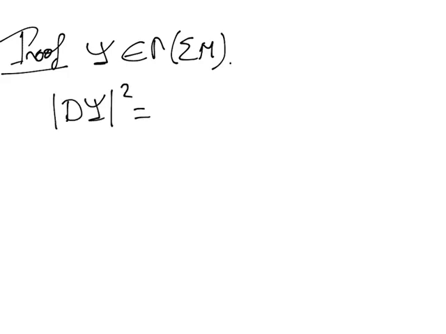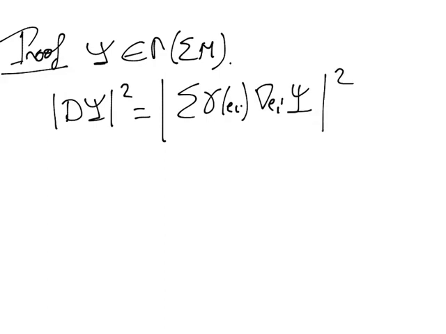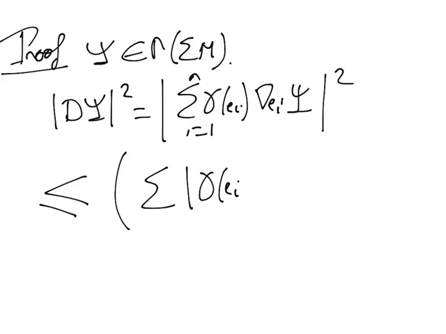This is the norm of the sum of gamma(e_i) nabla_{e_i} of psi squared, i from 1 to n, which is of course less than or equal to the sum of the norms of gamma(e_i) nabla_{e_i} psi, squared. But we know that gamma(e_i) squared is minus 1, so when you take the norm and square it, you get 1.